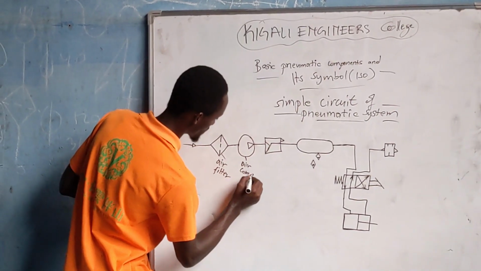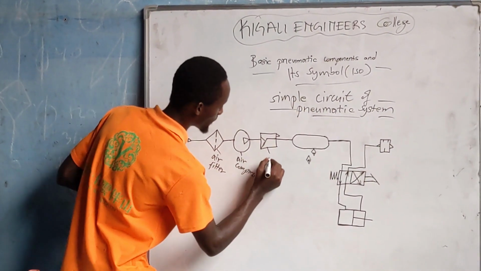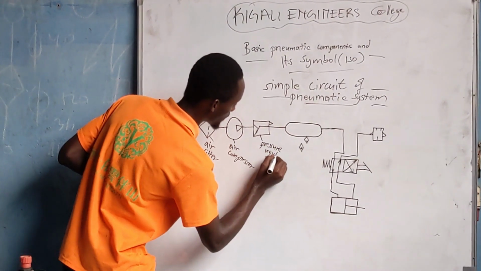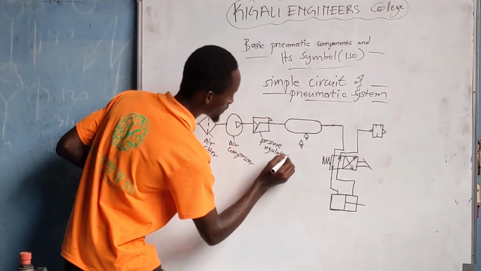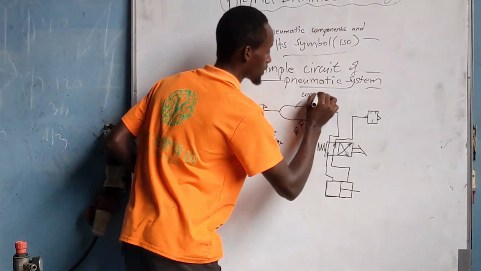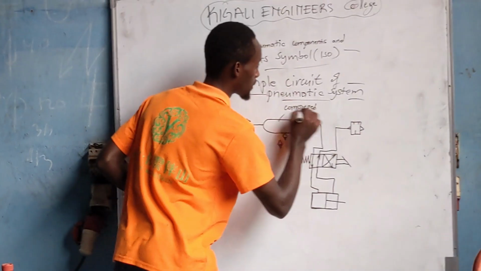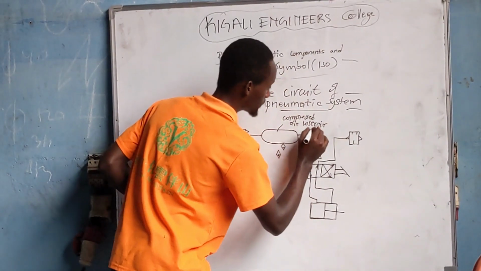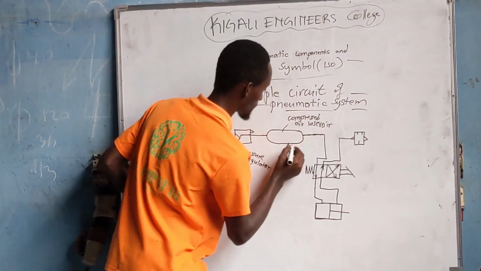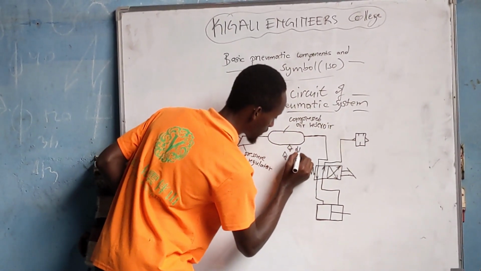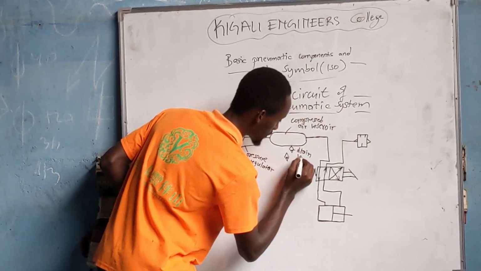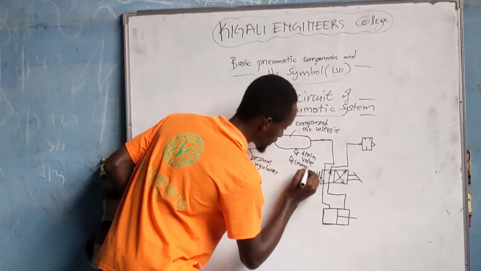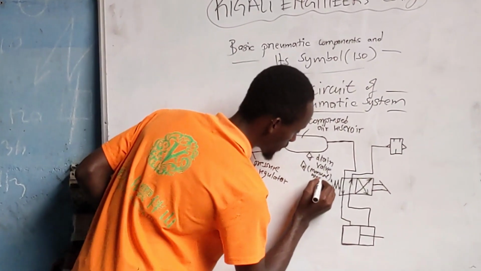Air compressor, pressure regulator, compressed air reservoir, this is the drain valve, manually operated.